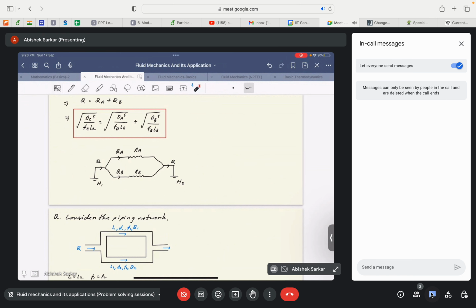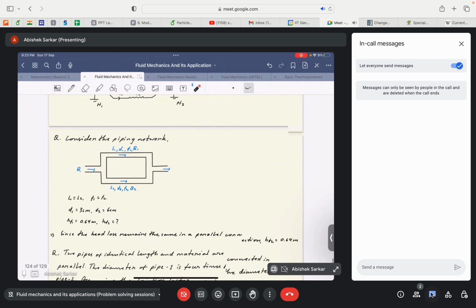Similarly, since the electrical current I is a sum of the currents in these two branches, the value of the volume flow rate in this piping network will be equal to the sum of the volume flow rates in these two pipes.